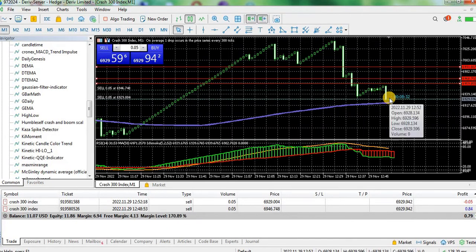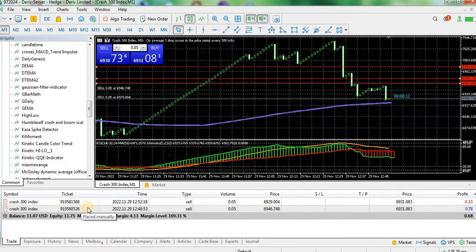So after 1 to 3 candles and there's no spike, I'll just log out, understand. So here I'm starting with $11. Are you getting it now? In the previous video I said I'm going to start with $8.13.